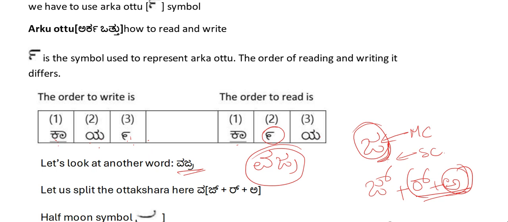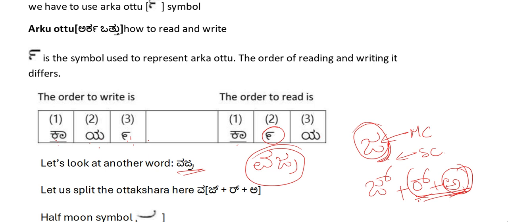What is happening here? A is a vowel, and the vowel A is following the sound R. In that case, you have to use the half moon symbol. So if a consonant follows the sound R, you use the Arka Ottu. And if a vowel, or swara, follows the sound of Ra, you use the half moon symbol.